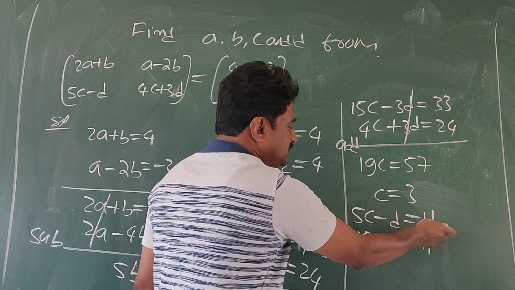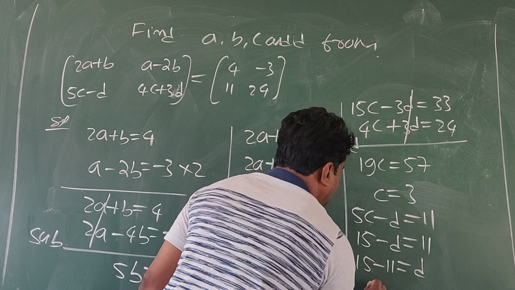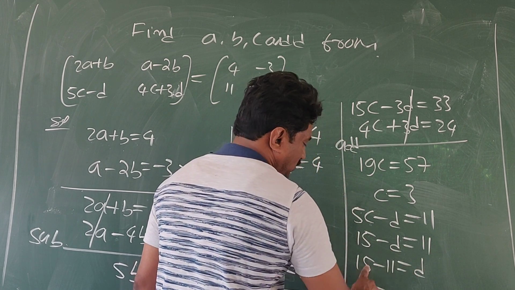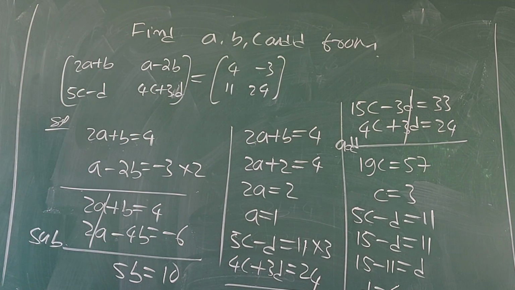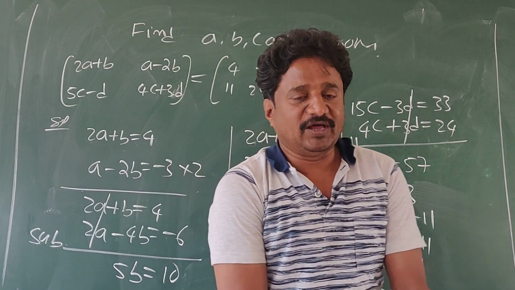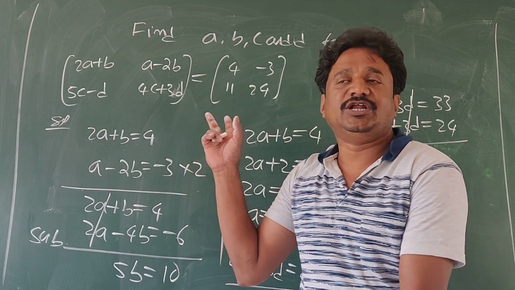Bring 11 to this side and D to the other: 15 minus 11 is equal to D. So D is equal to 4. We got the A, B, C, D values. This is how one can easily find A, B, C, D whenever there is a question of this type.